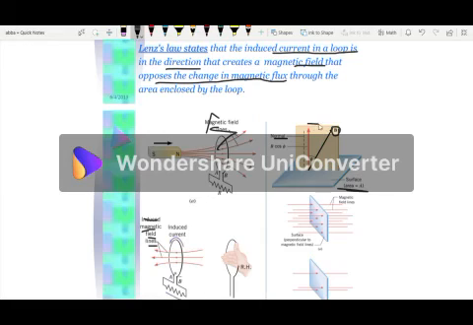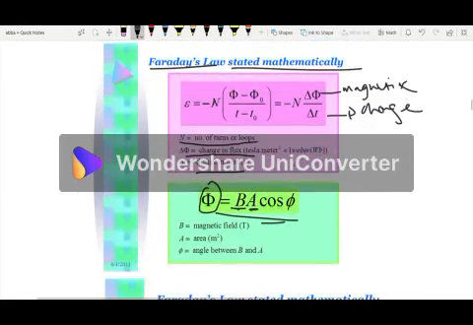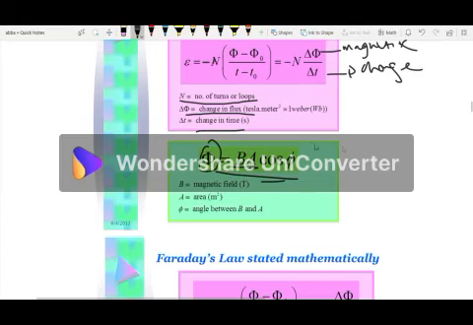So now, if this becomes your area and this becomes your magnetic field, what do we say? Your magnetic flux will be equal to your magnetic field times the area times cos of theta.